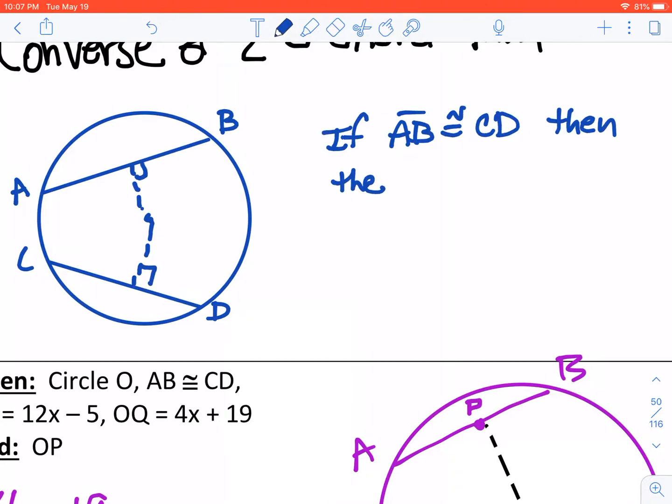We'll put a little perpendicular sign there to show that those distances are straight. And again, we should probably mark this ORP, or whatever three letters you choose. Then we already have the distance OR is congruent to OP.